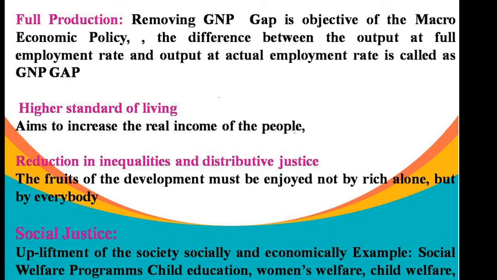Social welfare programs like adult education, women's welfare, child welfare, old age benefits, and unemployment benefits are included in macroeconomic policy. Further, the infrastructure development activities of the state, like provision of medical facilities, lighting and drinking water facilities, and so on to the public, are included in the policies associated with social welfare.